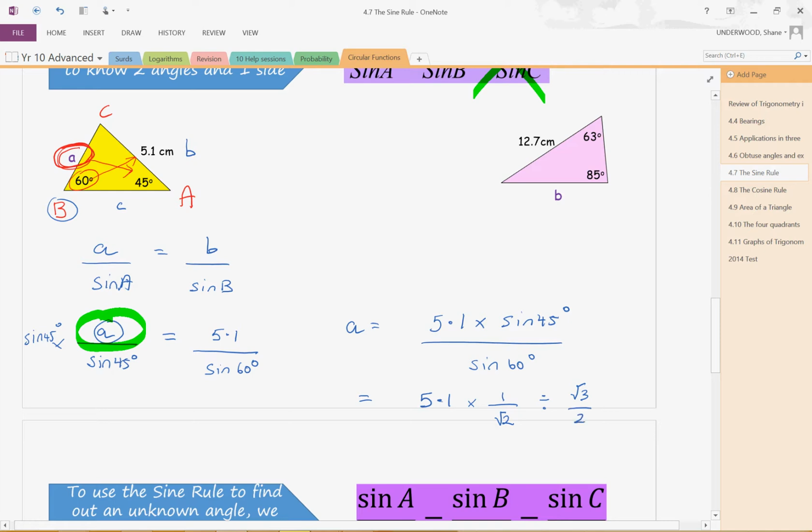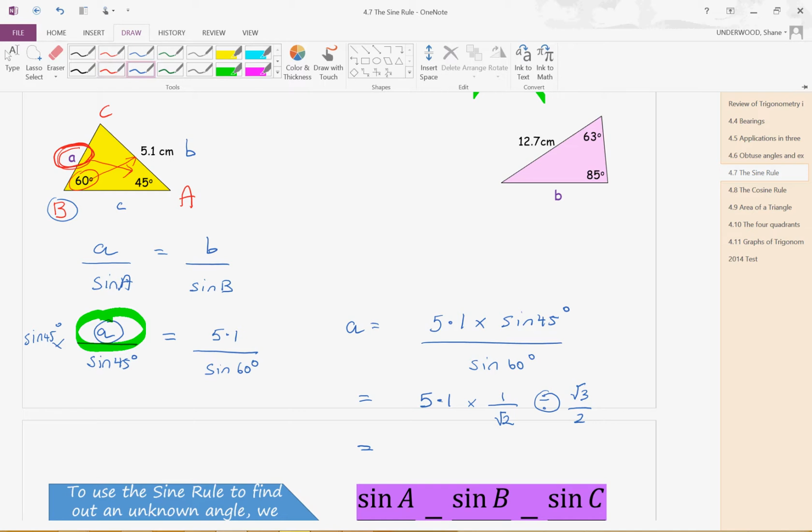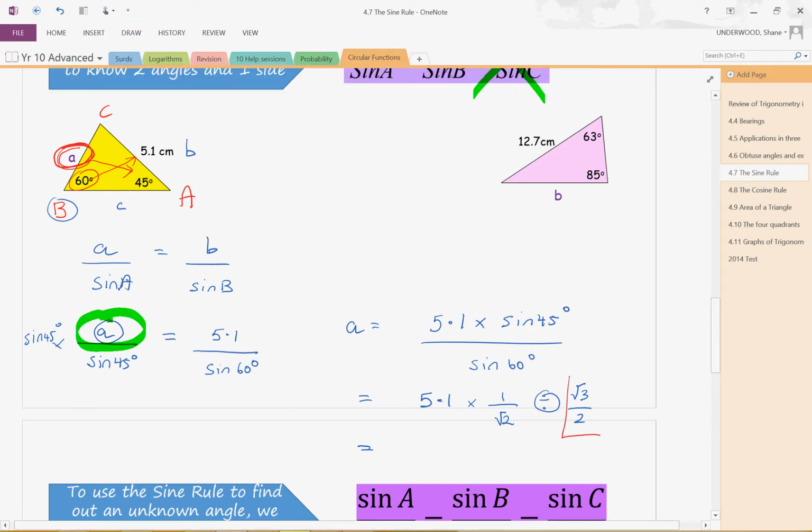Without using a calculator, I change this divide symbol to a multiplication, which means I have to invert this fraction and flip that around to 2 over root 3. Now I've got A is equal to 5.1 times 2, and root 2 times root 3 is root 6.